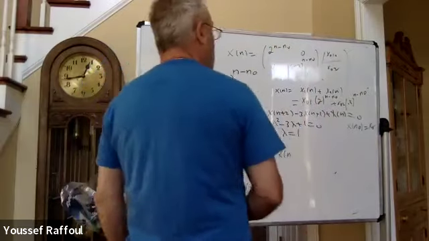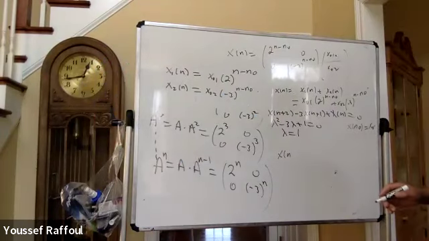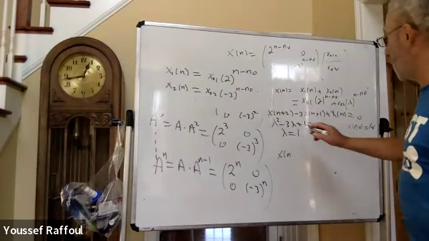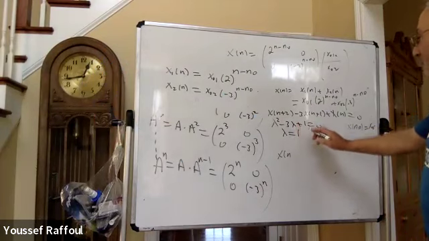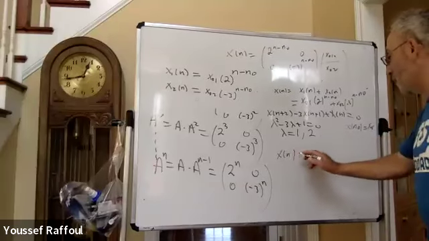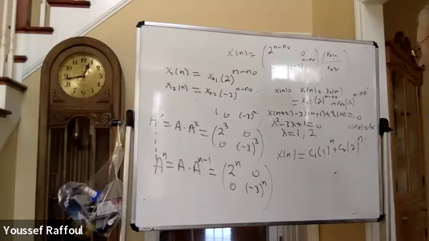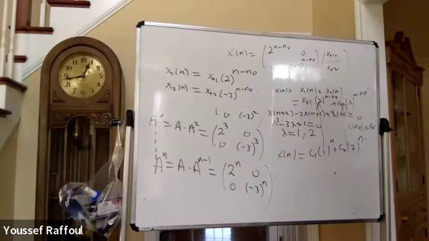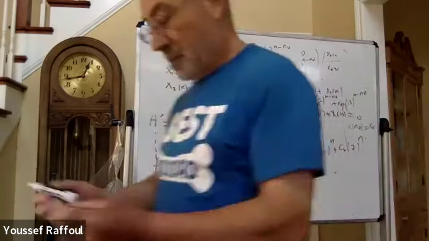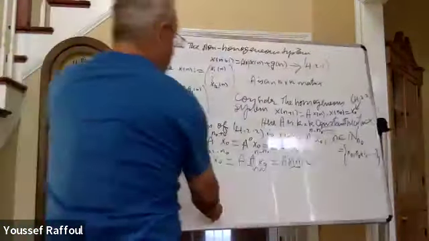I'm sorry, this is totally different. So let's go back to what we did before. Lambda squared minus 3 lambda plus 2, and lambda equal to 1, 2. So it will be C1 1 to the n plus C2 2 to the n. You see, this is related to this stuff here. They are similar if you are given the initial conditions. So don't be scared.